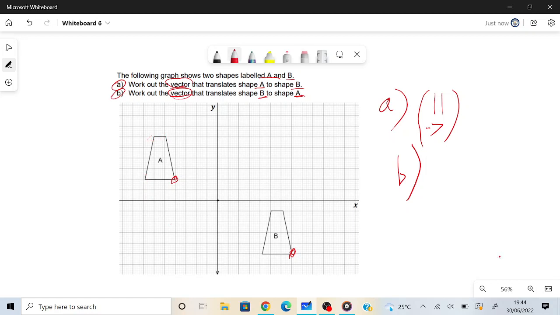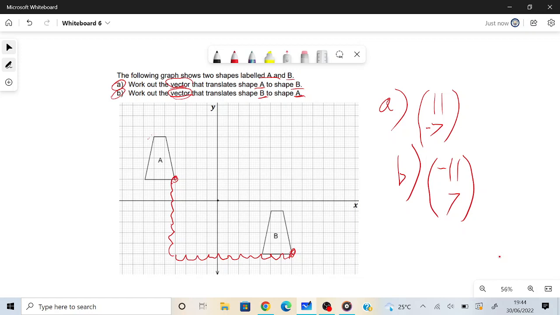So let's go from B to A. We go 1, 2, 3, 4, 5, 6, 7, 8, 9, 10, 11. 11 units to the left, and 1, 2, 3, 4, 5, 6, 7 units up. So in vector form this would be minus 11. Why minus? Because you're going to the left. And over 7, because if you are going up it's positive, and if you are going down it's negative.